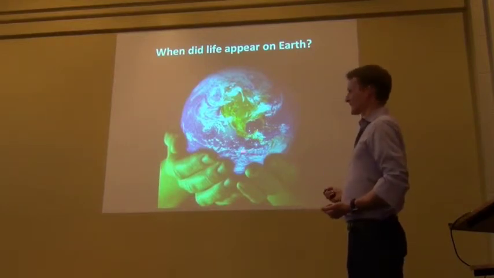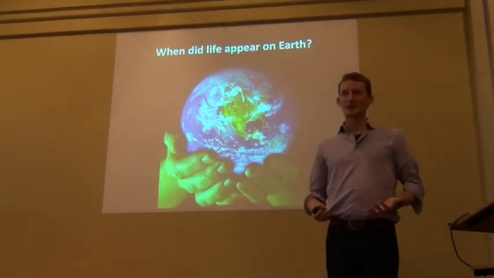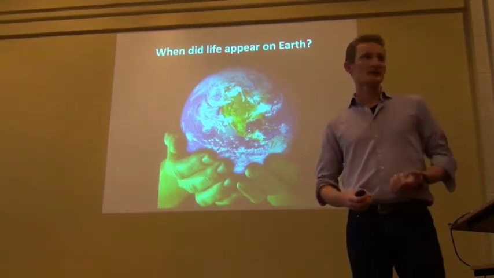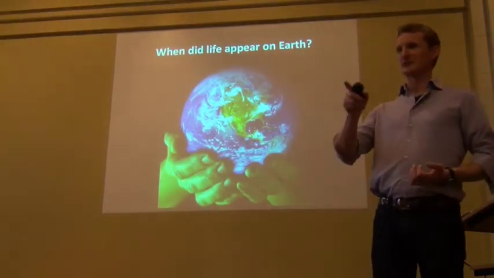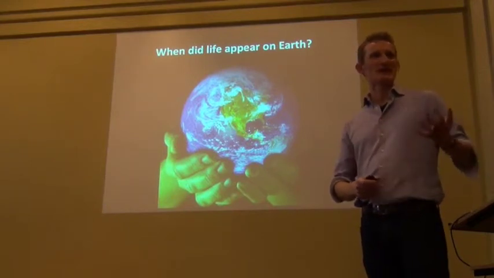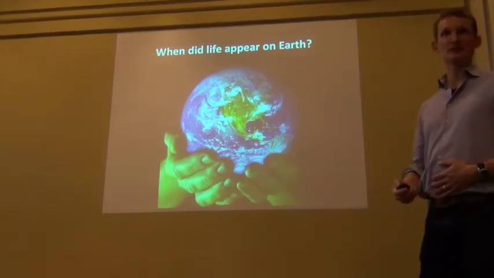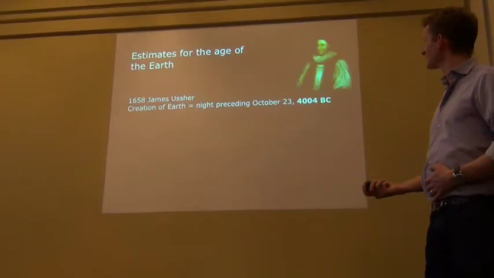Now, we can't do that with the Earth. We can't look at the Earth as a whole and work out how it works. We have to look at little bits of the Earth, like this rock sample, and then try and work out from that what was going on in the whole system. And that's what makes being a geologist very challenging, quite difficult.